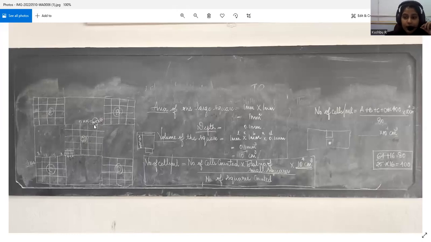As I told you, it is also used for enumeration of red blood cells or WBCs. In that case we use the smaller squares, because the yeast cell is comparatively larger. The smaller the cell size, the smaller squares are required. Since yeast is quite bigger in size, we can assay it using these large squares only.